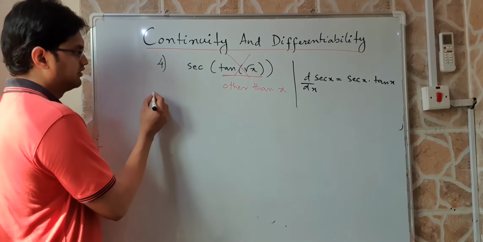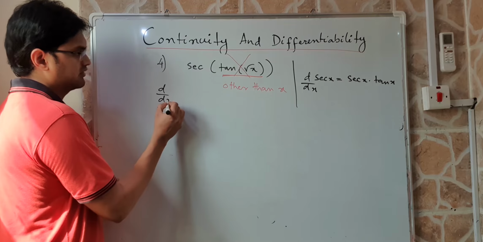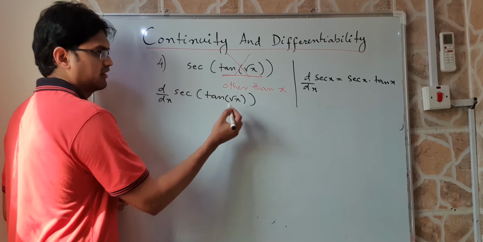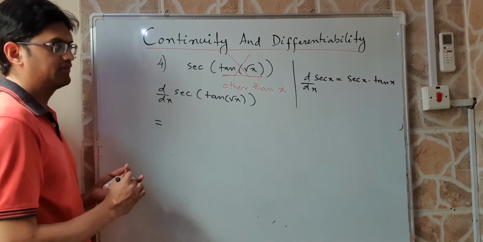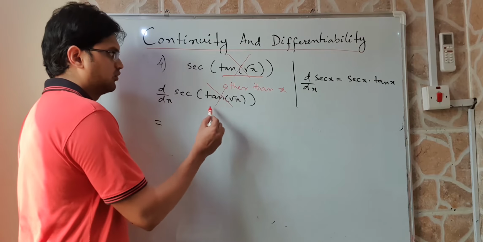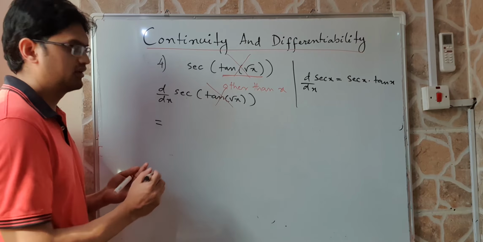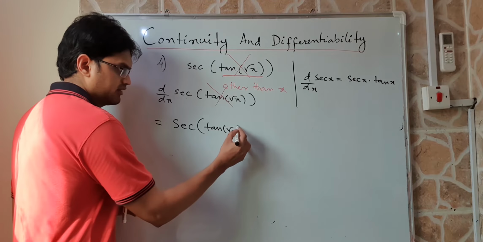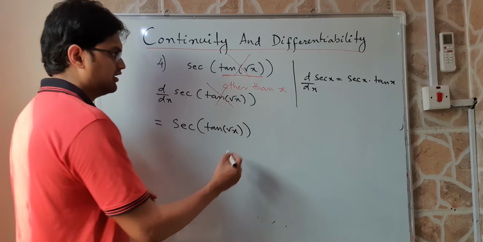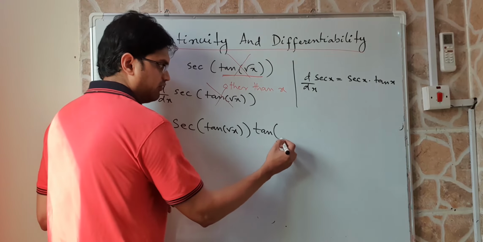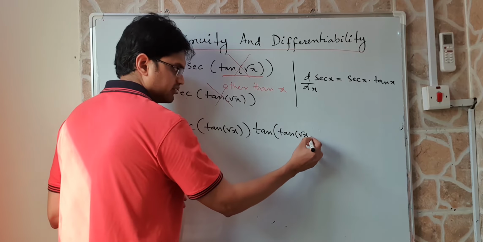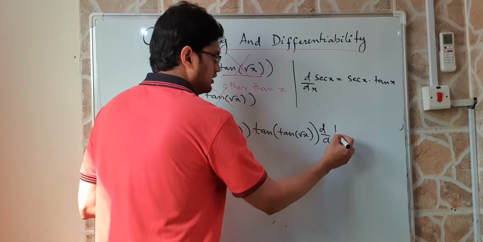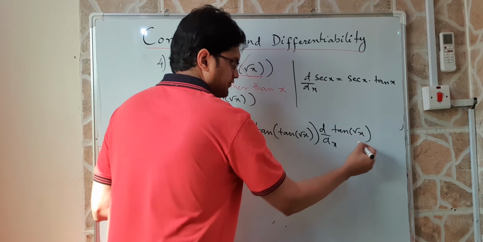So now d by dx of sec of tan root x will be equal to, as we have considered this as x, so what is secant x? Secant of tan of root x, secant x into tan x, tan of tan root x. Again, the derivative of tan root x.